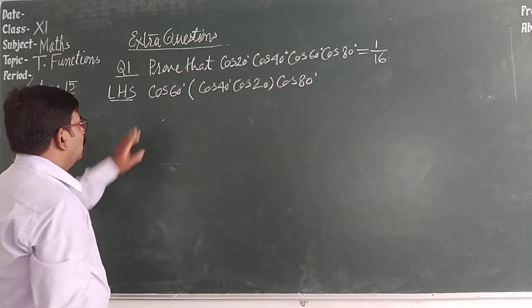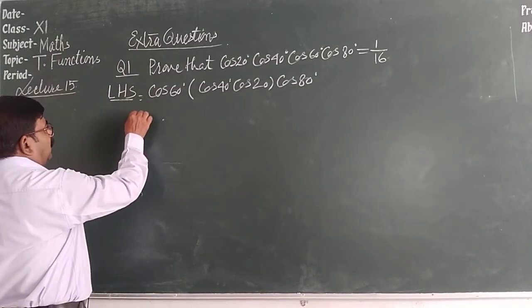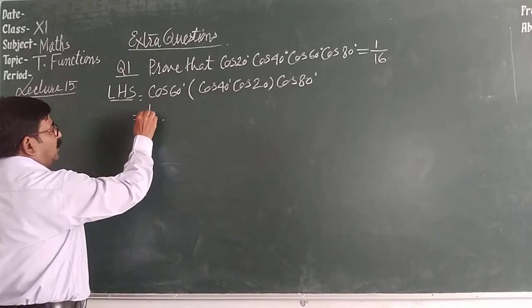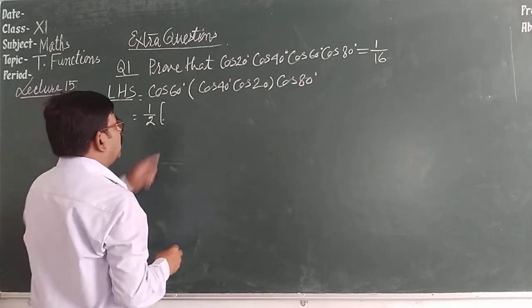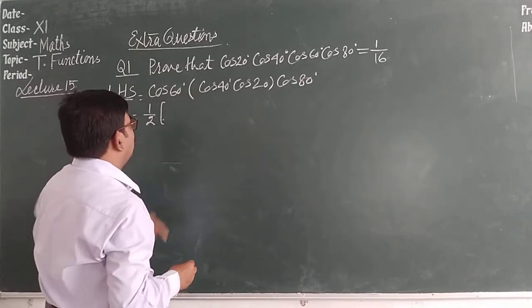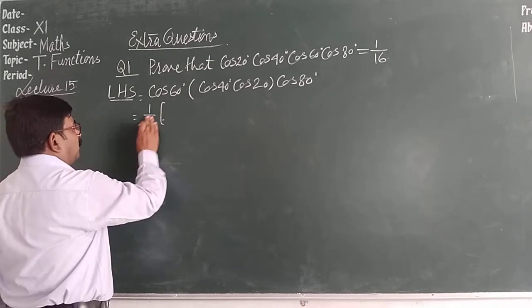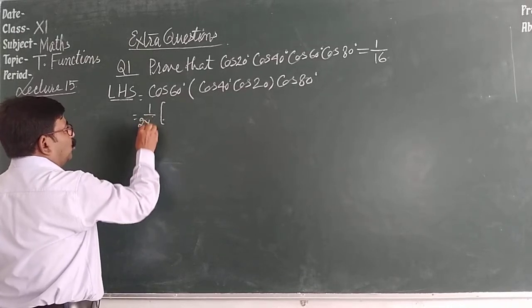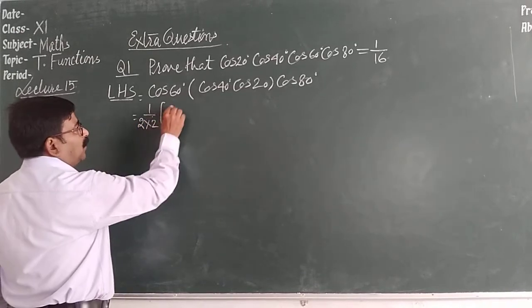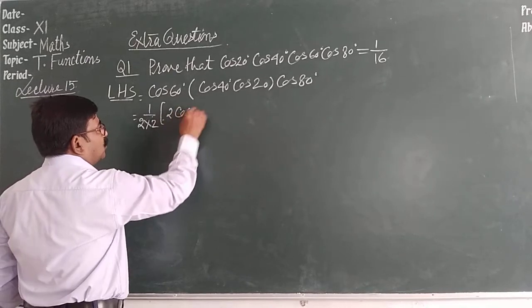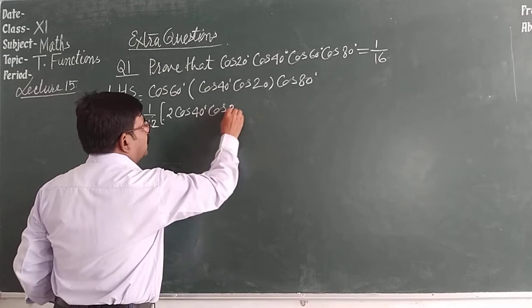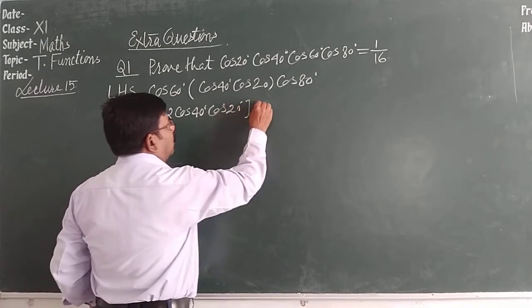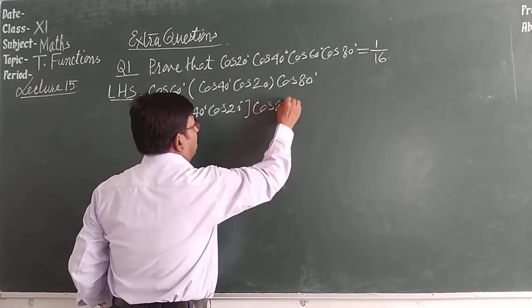So we are aware the value of cos 60 degree, so 1/2 and multiply here with 2 and divide by 2. So if we divide it by 2, it can be taken out and this is 2 cos 40 degree cos 20 degrees and cos 80 degrees outside.